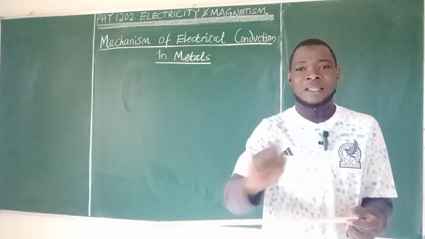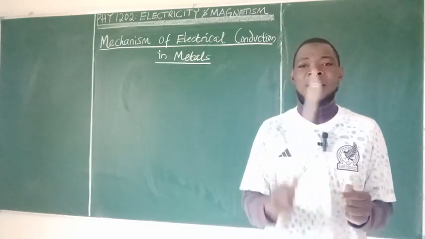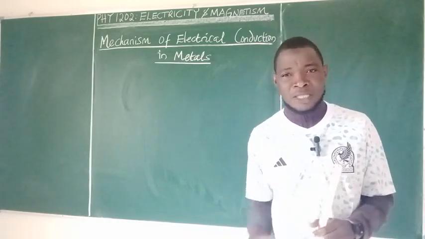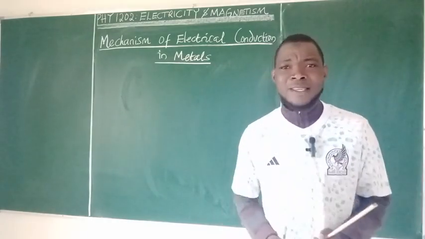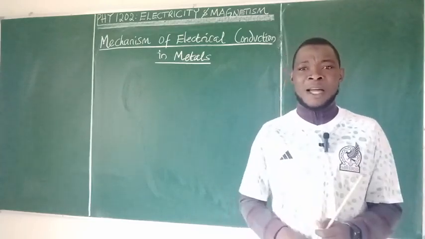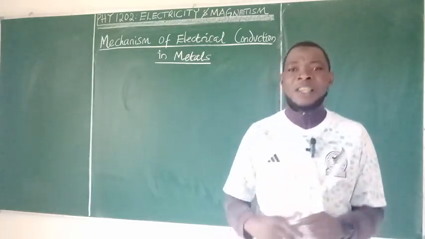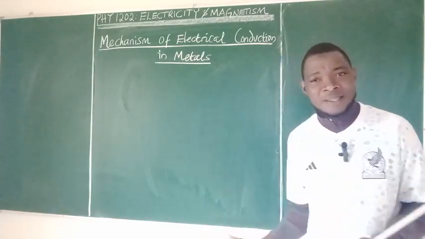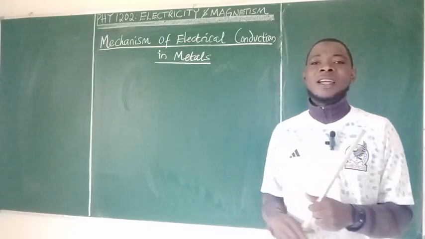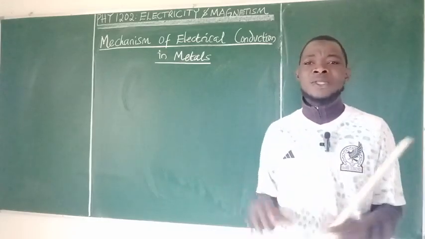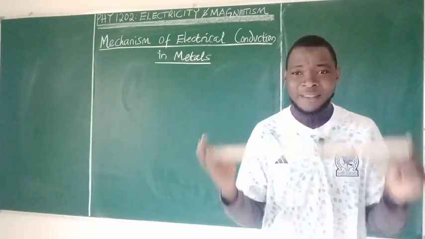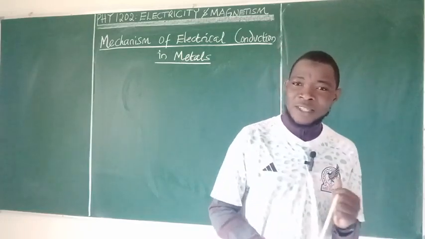If I want to get the magnitude of that current I generated after a given time, how do I calculate that? What is the formula? How is this formula related to the charge carrier density, the cross-sectional area of the wire, the drift velocity, and the elementary charge? These are what we are going to learn today.